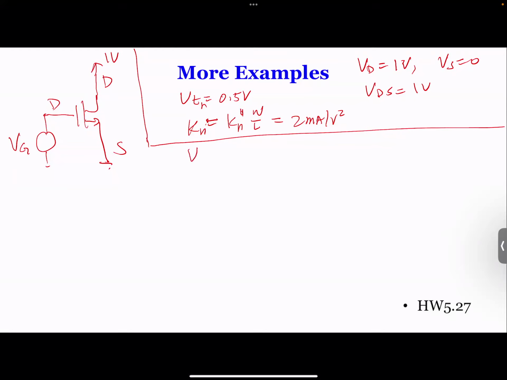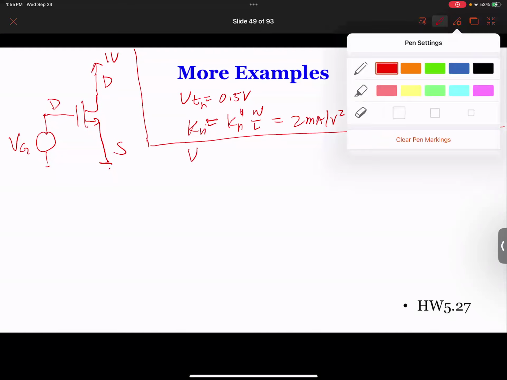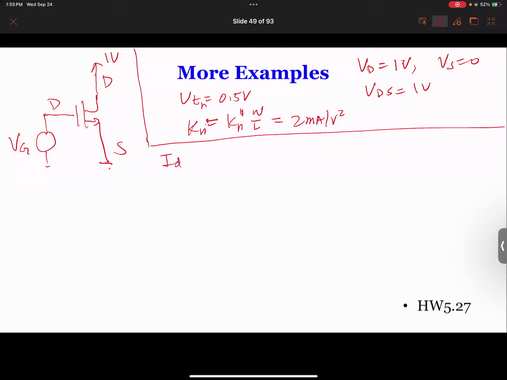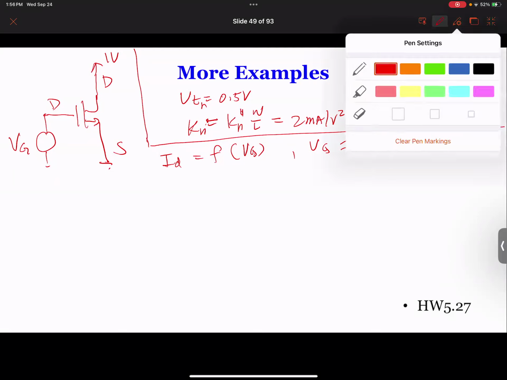So we want to find the current ID as a function of VG, and VG is in the range of 0 to 1.8.